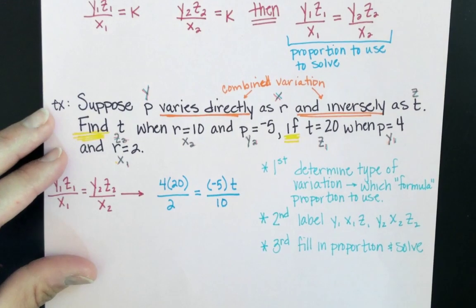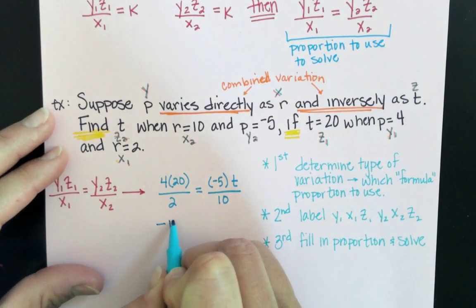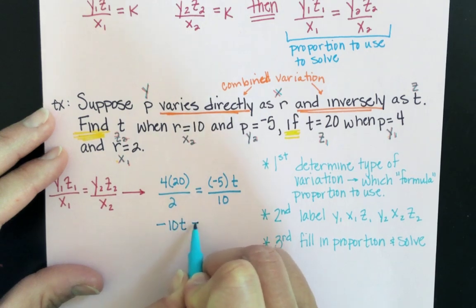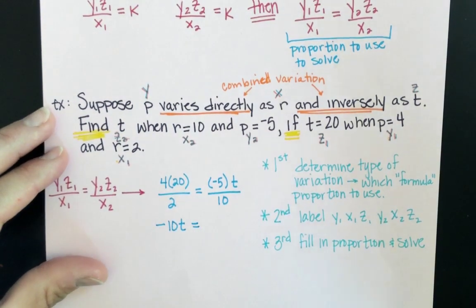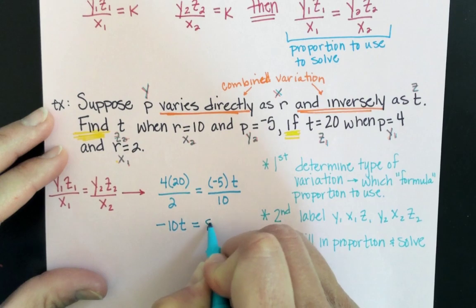So when we cross multiply, we end up with -10t equals 800.